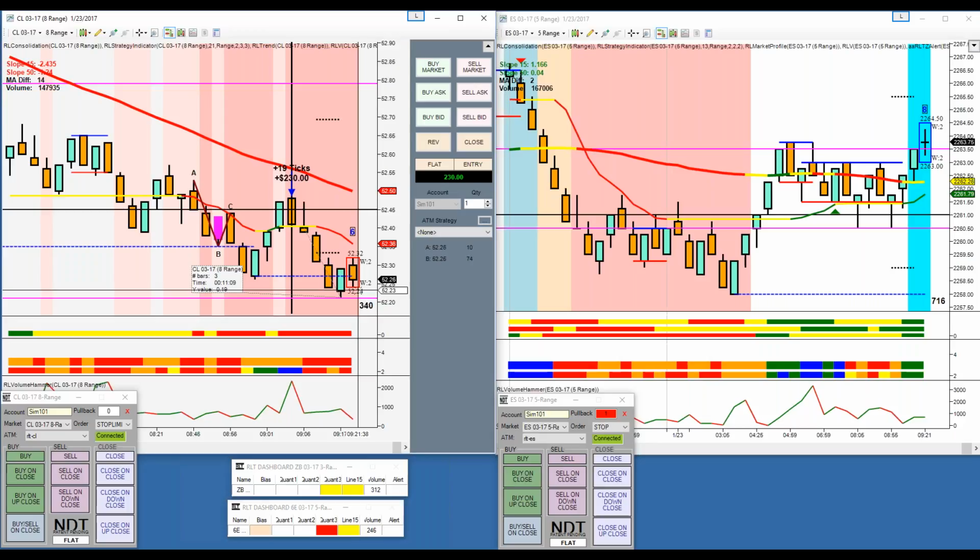McDonald's reported good earnings. And the E-mini futures are poised to open lower.